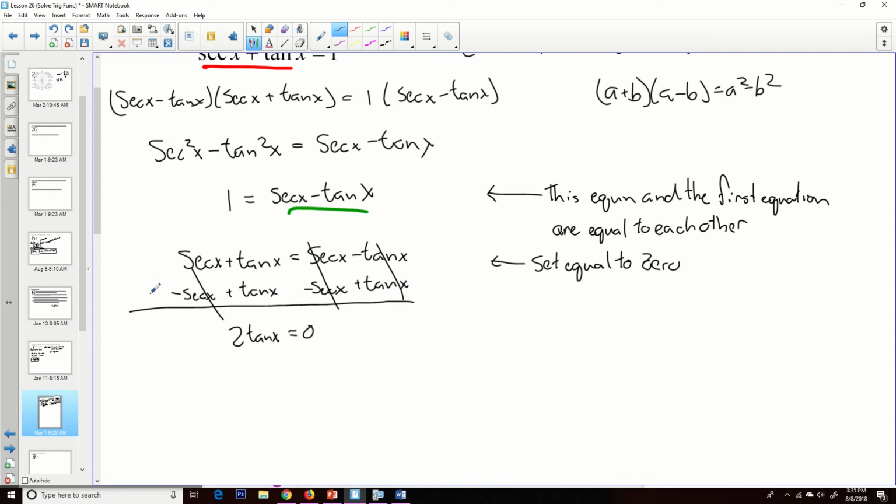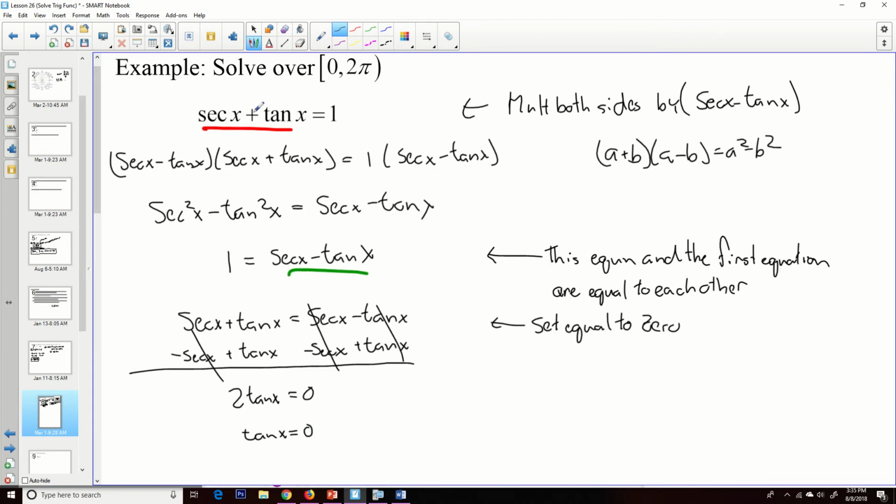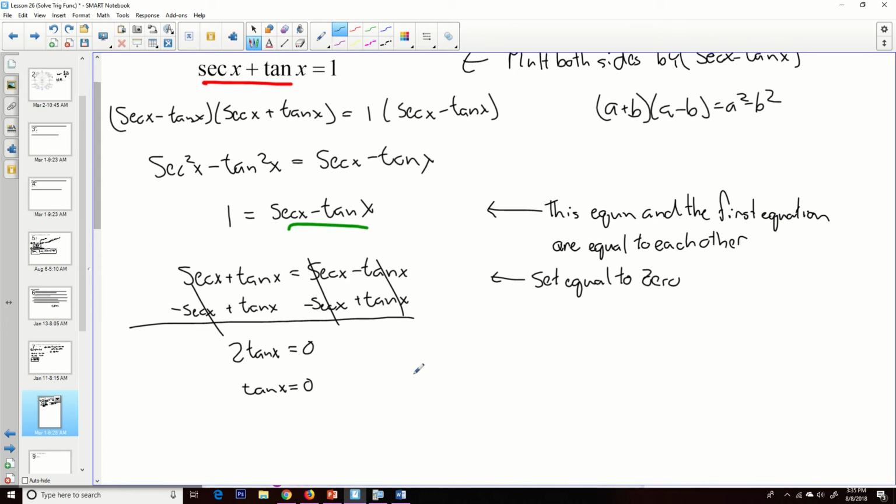And so this means that tangent x equals 0. And if tangent x equals 0, we can substitute tangent x equal to 0 into the first equation.